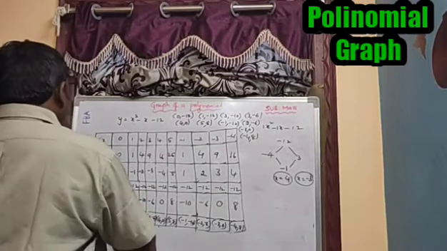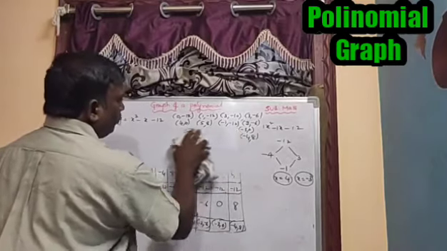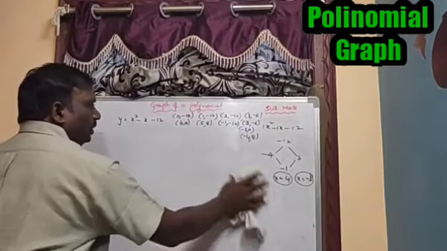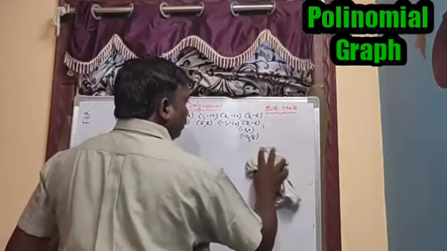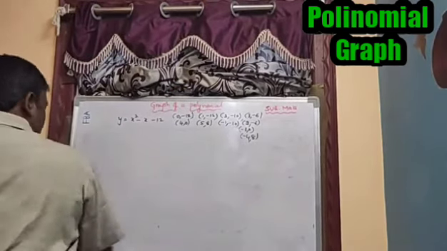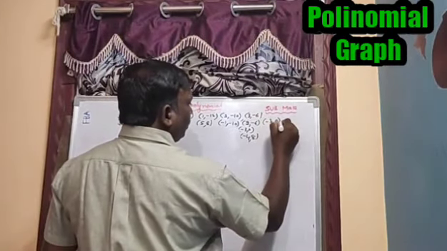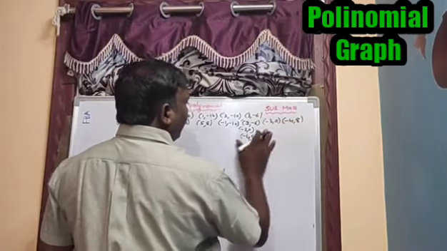Now these are the points we have to take. Here I am writing the remaining points, -3 comma 0 and -4 comma 8.